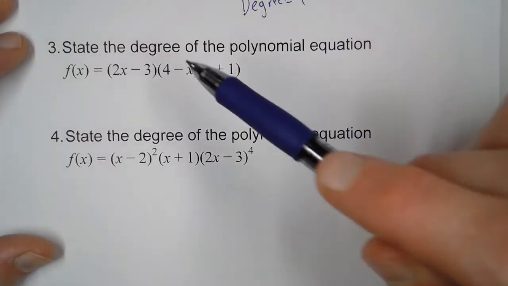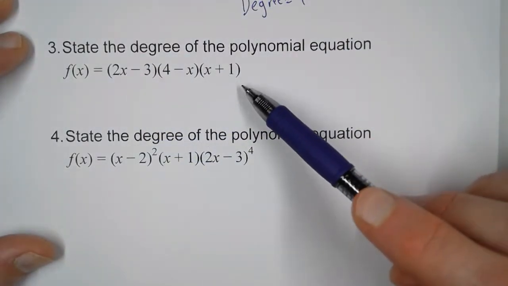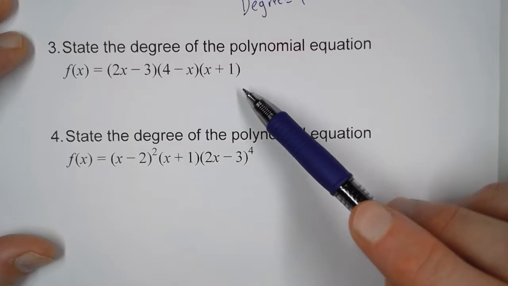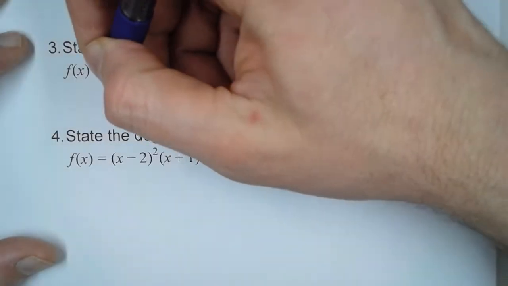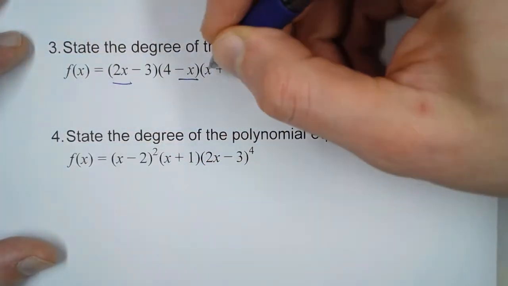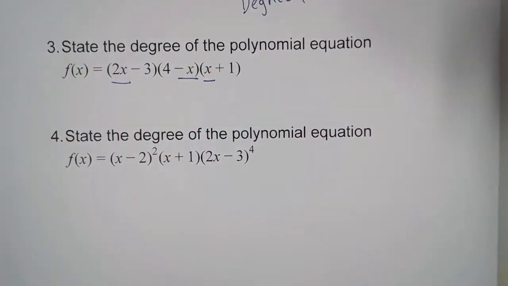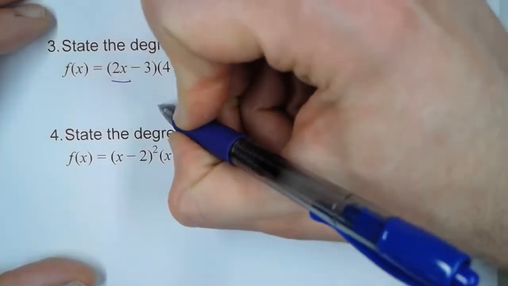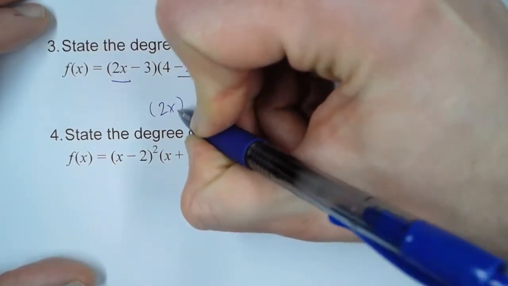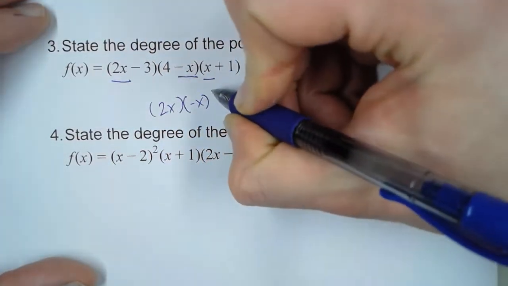Now sometimes it could also be given to us in factored form. Now we could take our time and factor this thing out, but what we could do instead is say, all right, from each part, look at what x is, because that's what's going to give us the highest power on x in each binomial factor. So that's 2x times negative x times x.